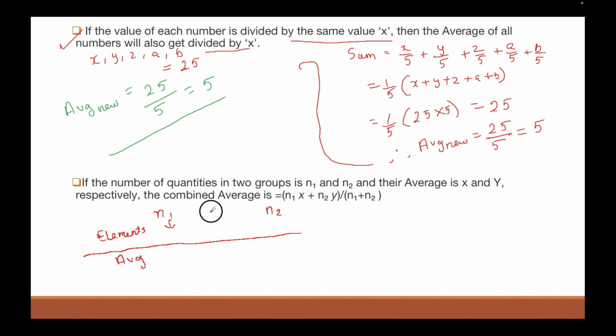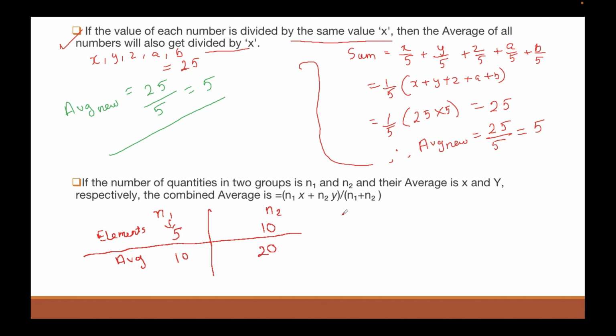The first row has 5 elements in n1, and in the second group we have 10 elements. Next, average. Suppose I am taking the average of the first group as 10, and the second group I am taking the average as 20.